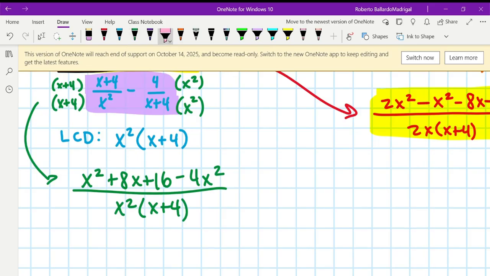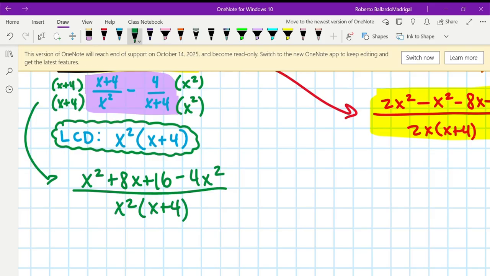Because the other one we were subtracting them. We are subtracting the 4x, but the other side, we were subtracting x plus 4 times x plus 4. So it turned all of these negative.